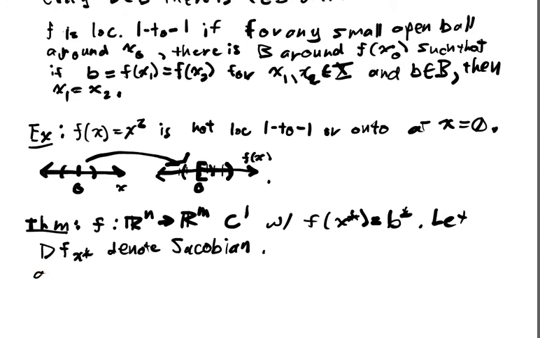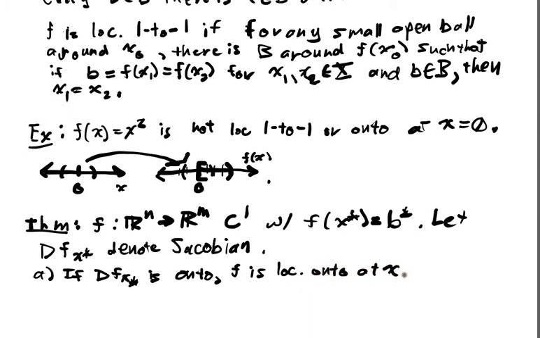Then (A) if df x star is onto, then f is locally onto at x star.